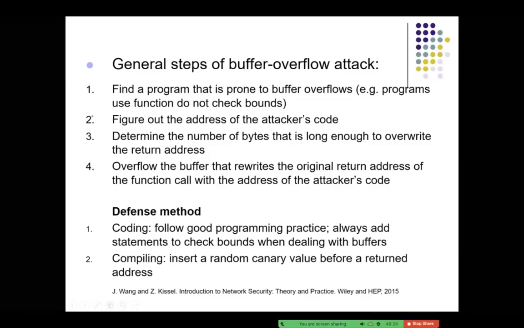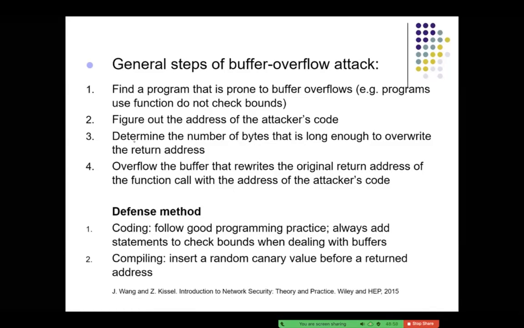Step number two, figure out the address of the attacker's code. That's not hard. The hardest part is step number three: determine the number of bytes that is long enough to override the return address. This requires a sophisticated understanding of memory management, the memory layout of running a particular program.